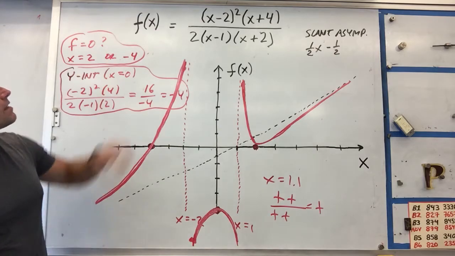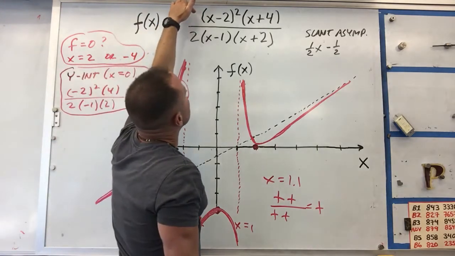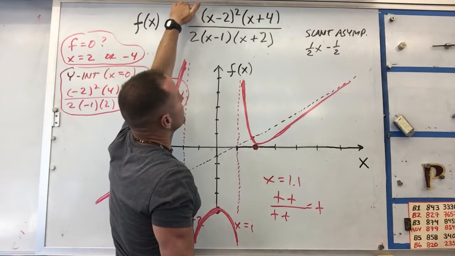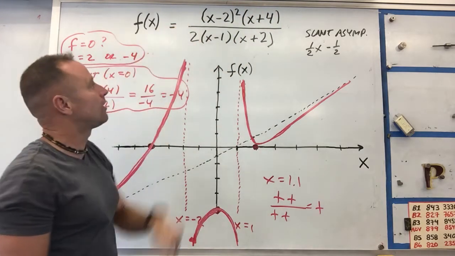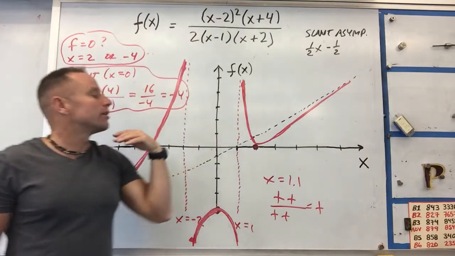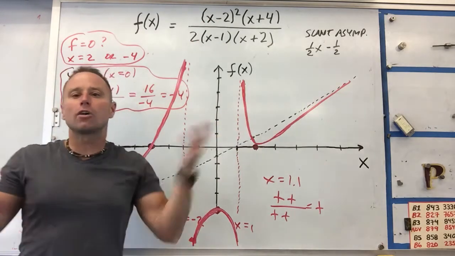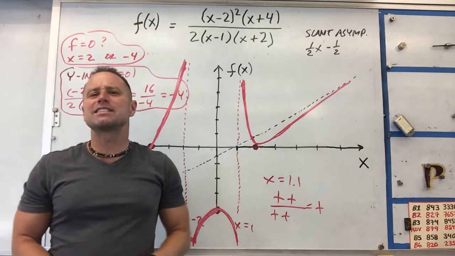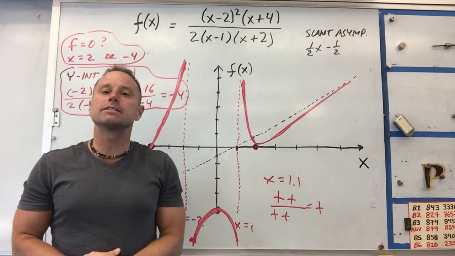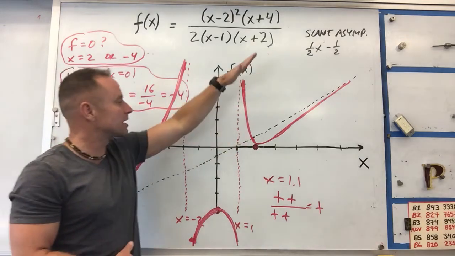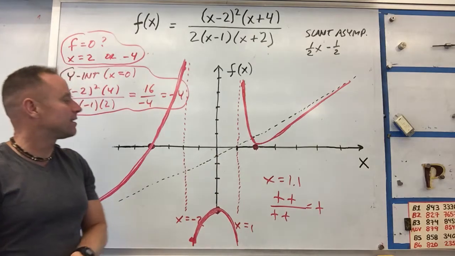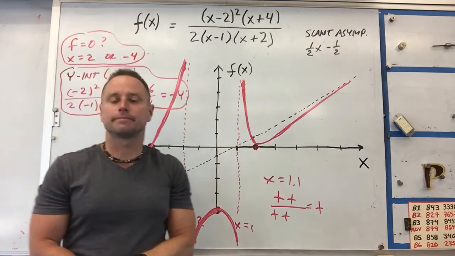A way to recognize that a slant asymptote is coming is just look if the degree of the polynomial on top, for instance, is 1 higher than the degree of the polynomial below, then that means your long range behavior is going to go like x to the first. And then the idea is you do have to do a little bit of grinding to see what the intercept is of that line. So we knew it was going to be a linear asymptote, but we did have to grind a bit to find that intercept.